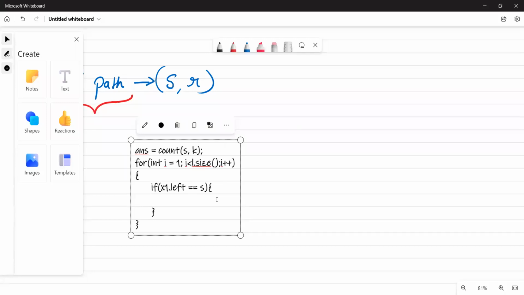So here you will call your count function. Answer equals answer plus count function, and you pass x1 dot right, comma k minus, what should I place here? K minus minus.